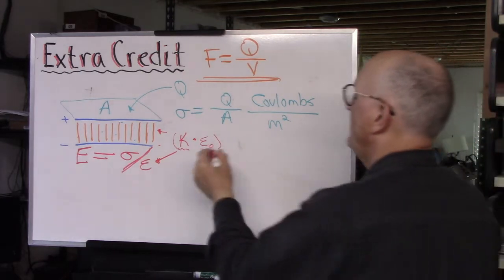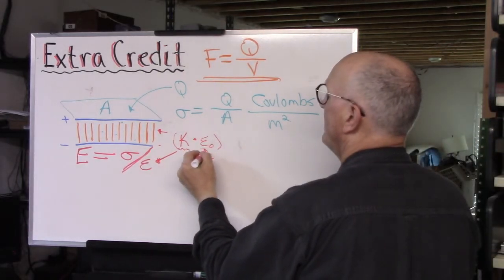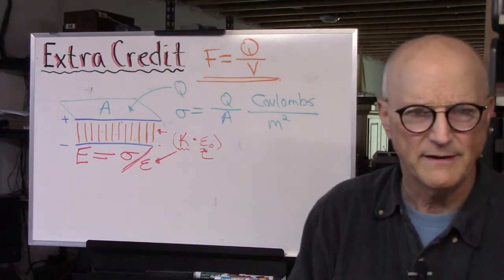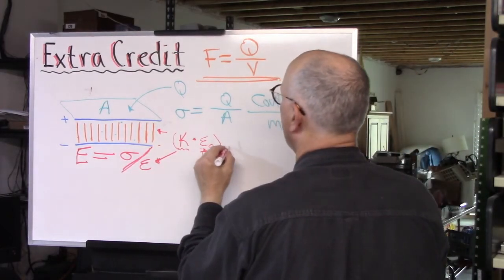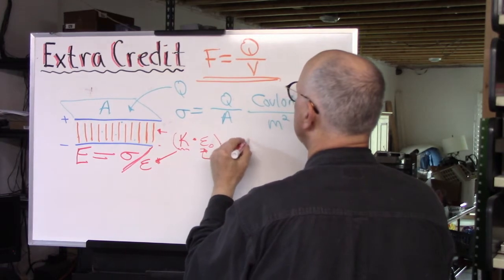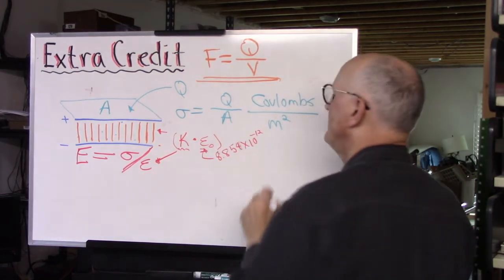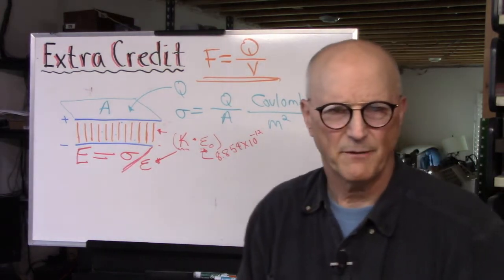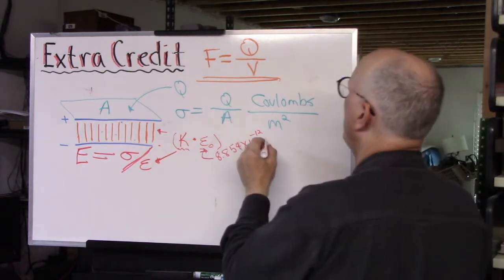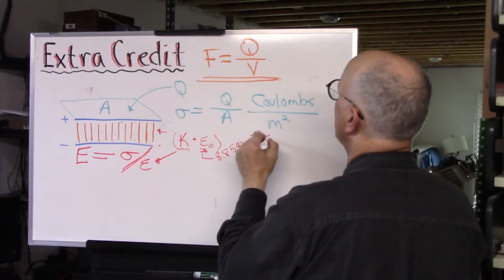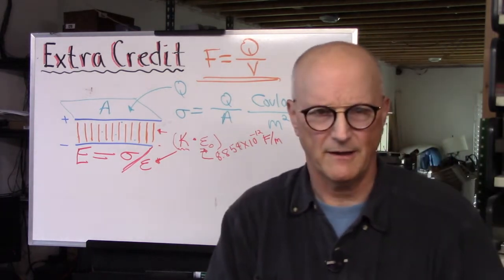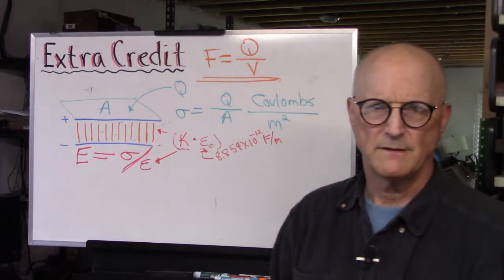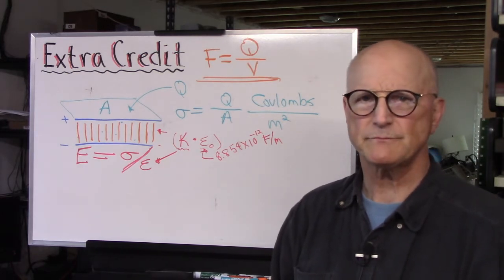Now, this right here, just as a point, is 8.854 times 10 to the minus 12 farads per meter, if I remember correctly the units.